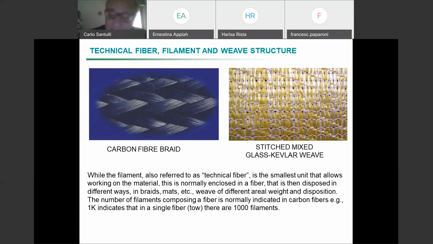One thing I didn't say, but it's obvious, is that you have these possibilities in terms of fibers, and you have all the possibilities of hybridization. So I can put two or three of these fibers together. Of course, I increase the complication of the material, but there might be some reasons to put fibers together.